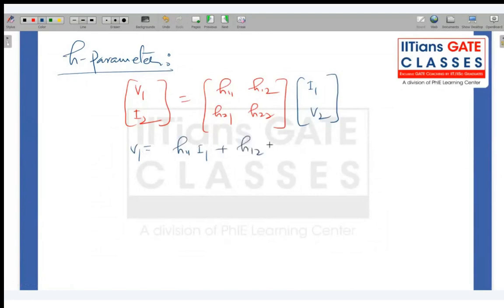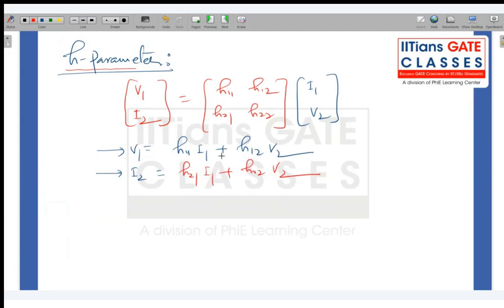And I2 equal to, this equation applies to the output port, and the first is for the input port, you can say. Because the parameter is written for a two-port network, so this is H21 I1 plus H22 V2, right? If you make V2 0, then H11 will be what?